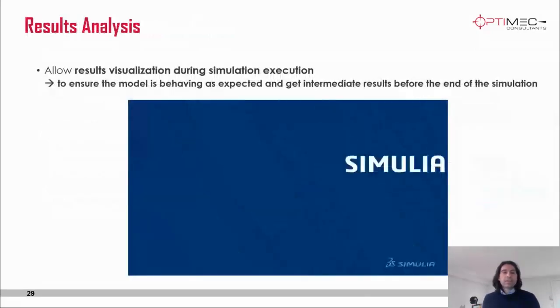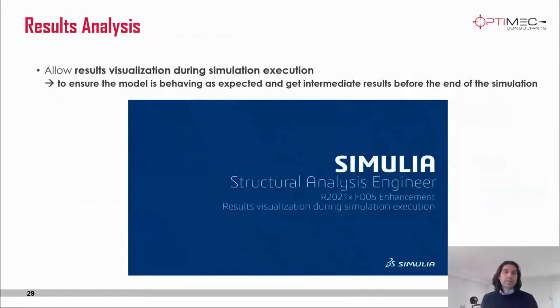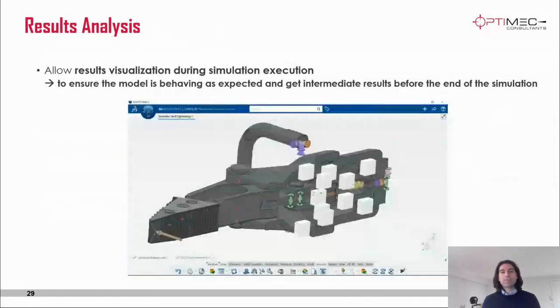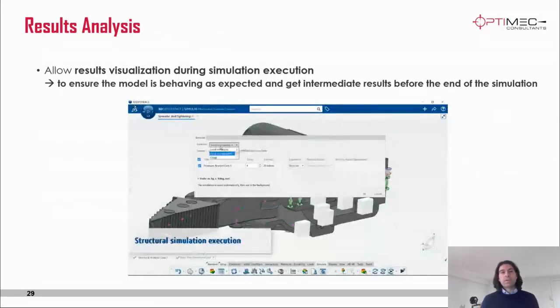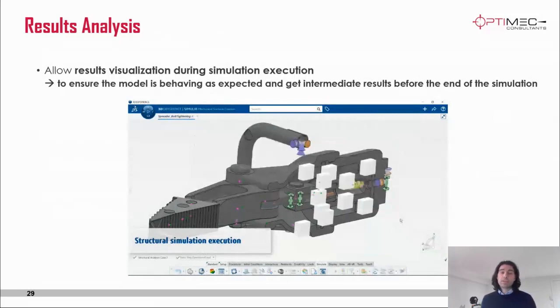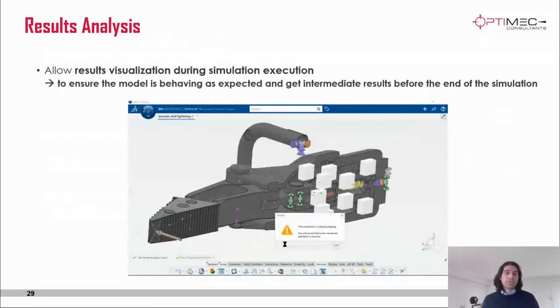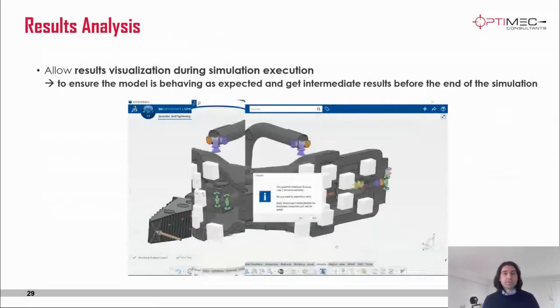The next feature is on the results analysis side. This is a feature, if you use Abaqus, you're very familiar with. This is the ability to view the results while the simulation is running. This was a feature that wasn't available in the 3DEXPERIENCE platform.